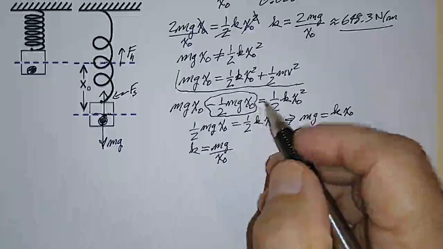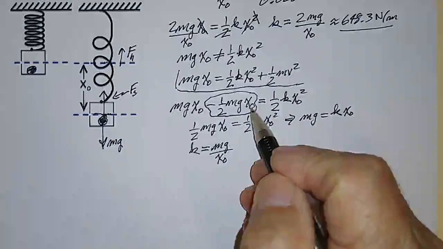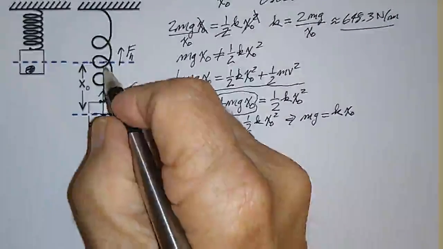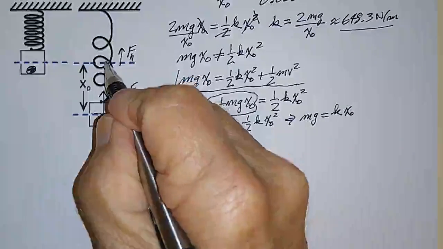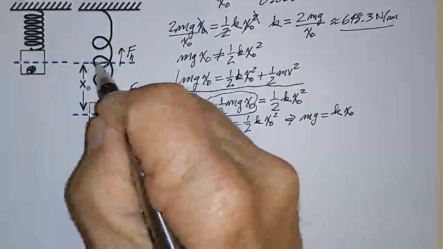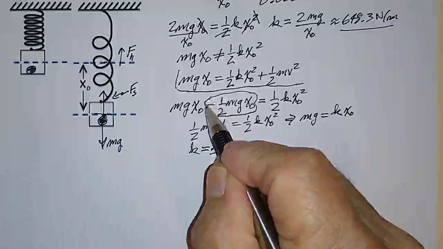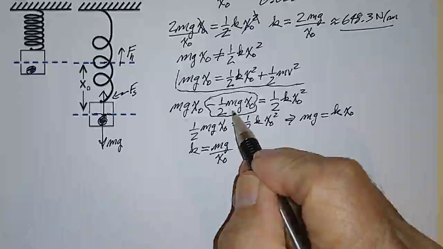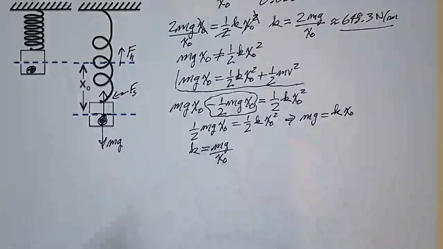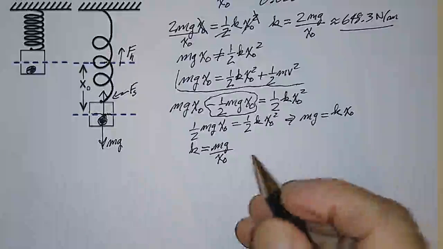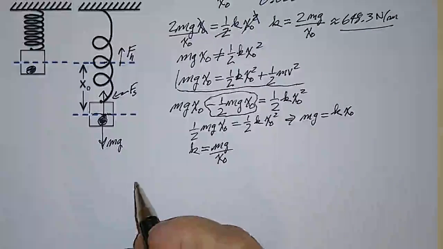And one of the factors was that I said the work done by your hand in quasi-statically lowering the mass from this level down to this level, that work done was minus 1/2 mg x naught. So how did I get that? Well, here's the way I got it.